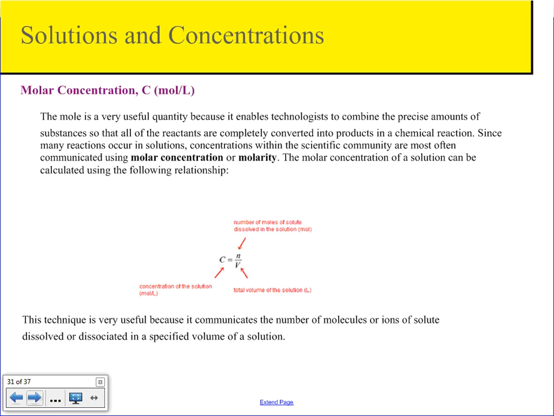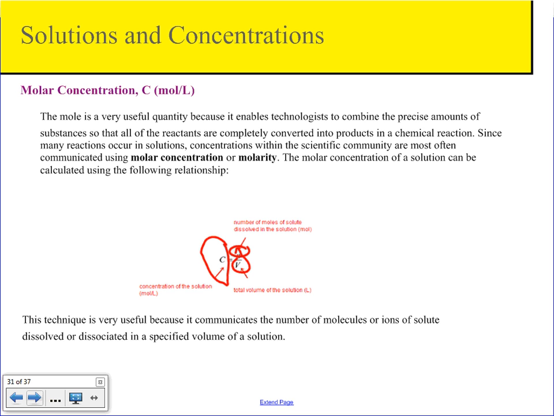Since many reactions occur in solutions, concentrations are most often communicated in the scientific community using molar concentration, or molarity. The molar concentration of a solution can be calculated using the following relationship: C, the concentration of the solution, equals n, the number of moles in the solution, all over V, the total volume of the solution.